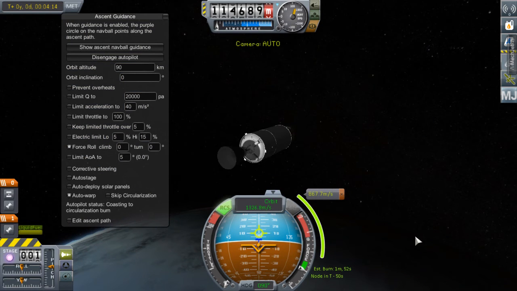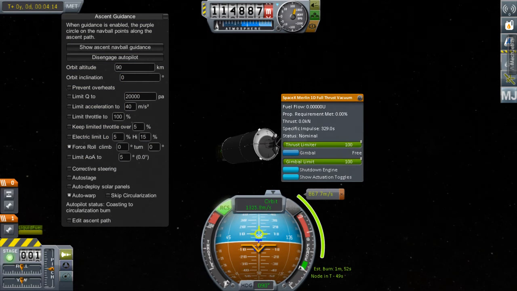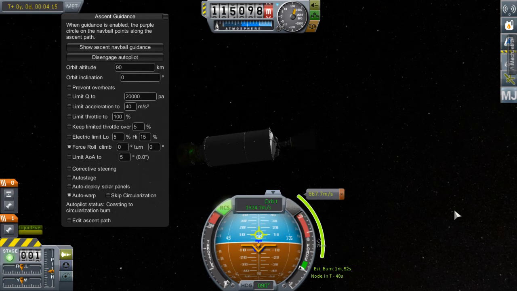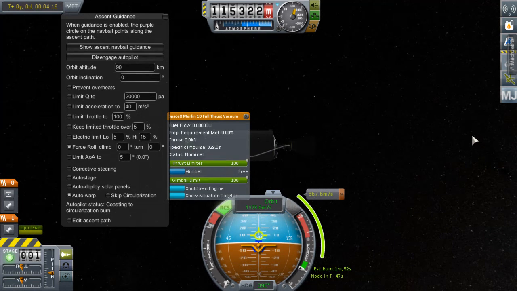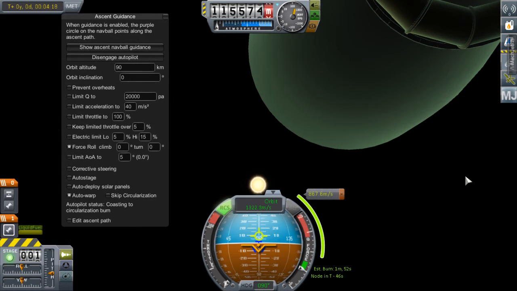Standing by for coast phase complete. Second stage burn 2 start.